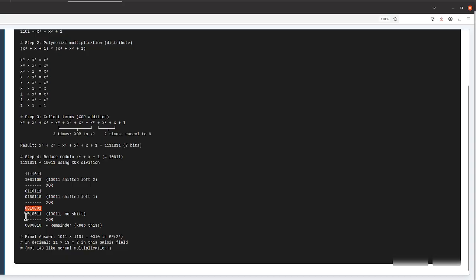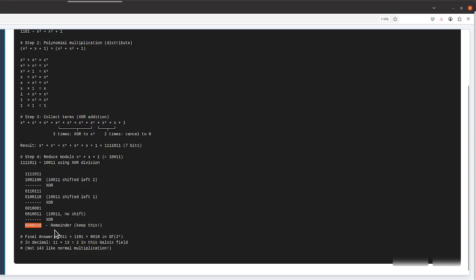Finally, XOR beginning with 0 0, ending with 0 1 with beginning with 0 0, ending with 1 1. This third number, beginning with 0 0, ending with 1 1, is 1 0 0 1 1 not shifted. The final result equals beginning with 0 0, ending with 1 0.